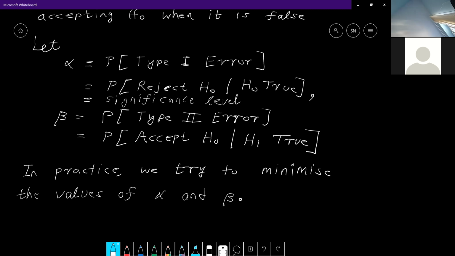It's also known as the significance level of the test. So that's another name for the alpha, the probability of type 1 error.